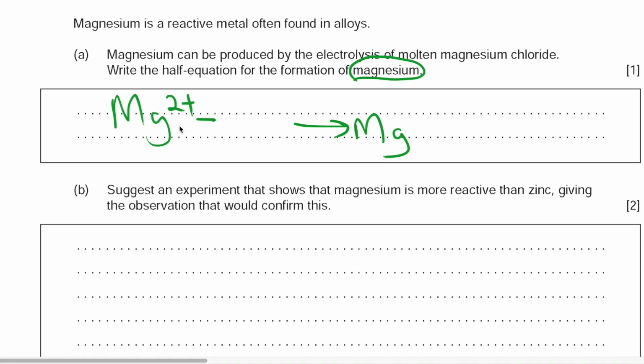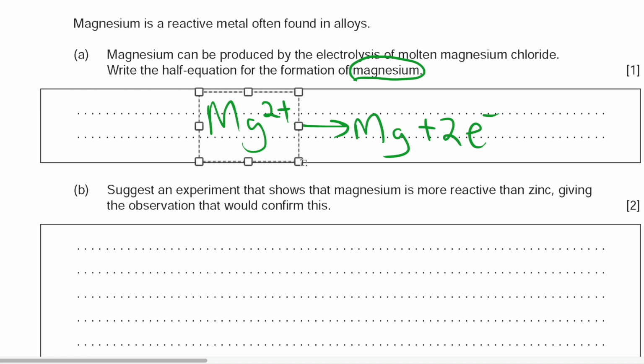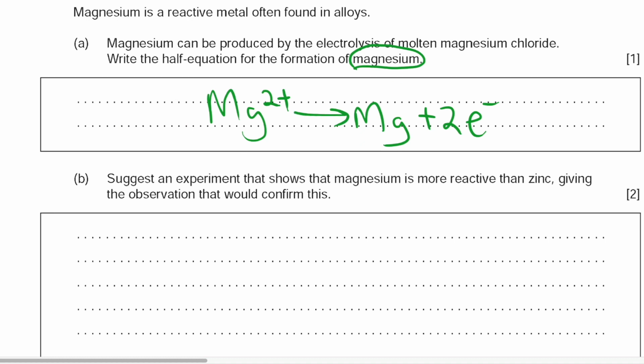And because we usually don't write a negative sign on the left hand side, we'll move the minus 2 electrons to the right hand side. So plus 2 electrons. And this is the half equation for the formation of magnesium.